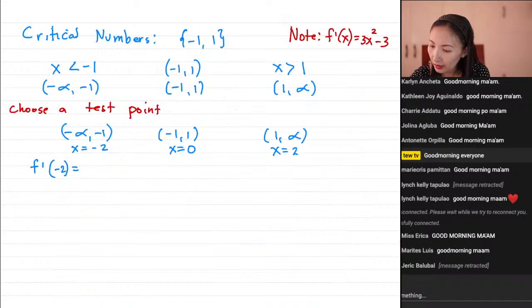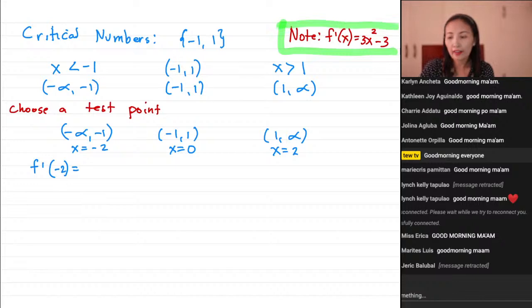Let me enclose it. So, f prime of -2 then is equal to 3 times -2 squared minus 3.